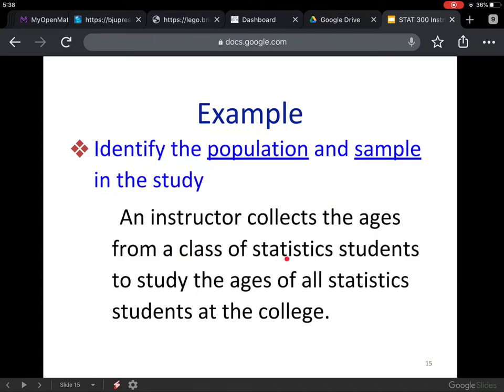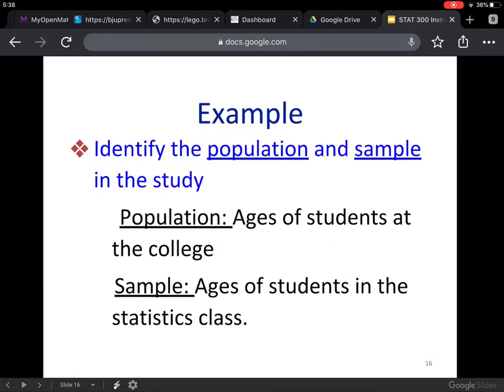Ages and ages, also the same units. So be mindful of that. The population and the sample should have the same units. So ages of students at the college is the population, and the sample would be the ages of students in the statistics class.